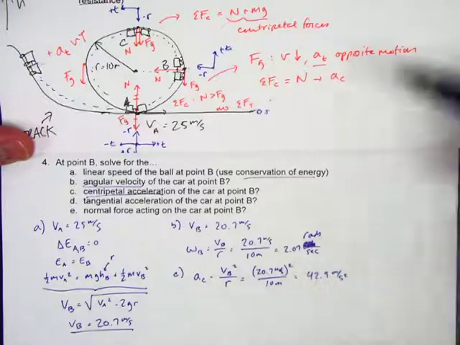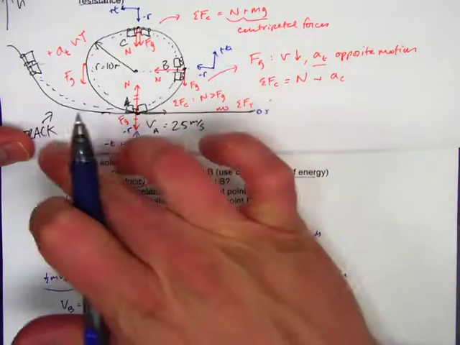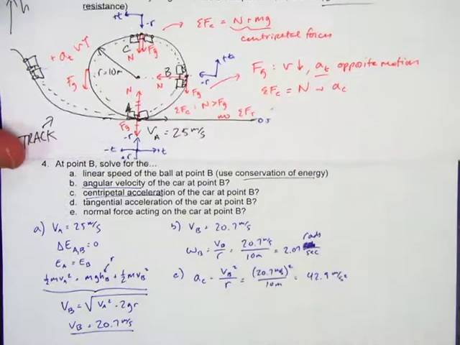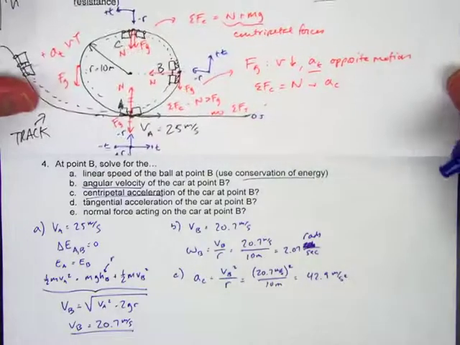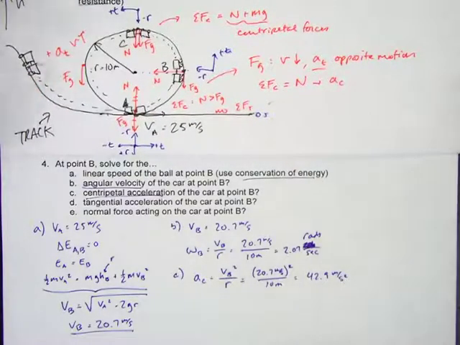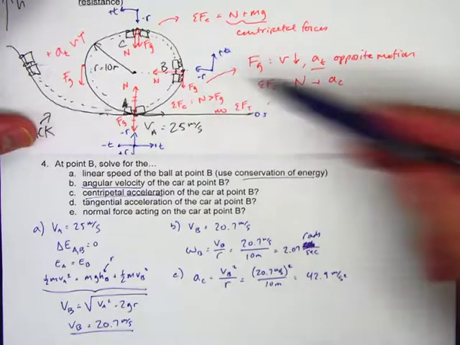And if I'm calling inward negative, you can call a_c negative. Just be consistent in however you set up the problem and think about it. All right, so this is decreased because at point A, I think it was 62.5. So my centripetal acceleration has decreased because I have a slower speed by the time I get to B.